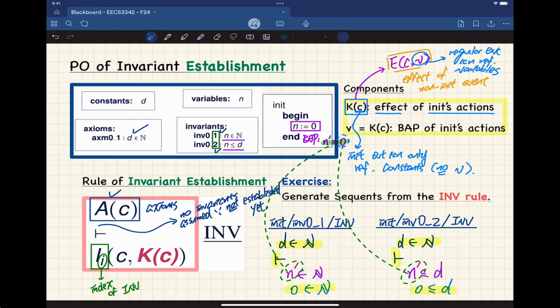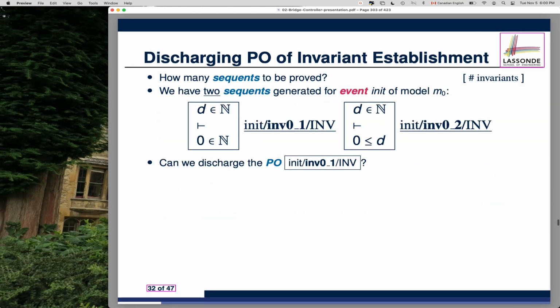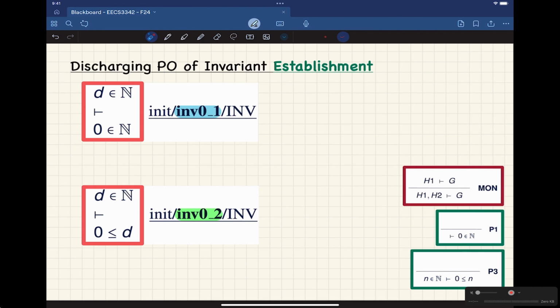All right, so the next step will be to discharge these two. Luckily, they seem pretty straightforward. Usually, discharging the invariant establishment condition should be very straightforward, unless you do something very wrong. Okay. Let's see the slides over here. So we have 2. These are the 2 that we just came up with. And let's now try to prove them. This is condition number 1.